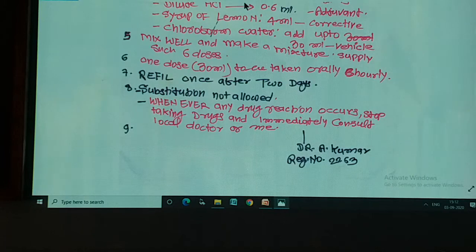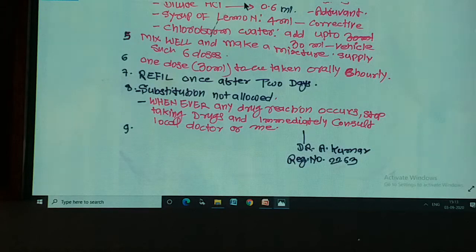Next point is signature, that is instruction to the patient, attending staff, as well as to the pharmacist regarding dosing of the drug being taken by the patient. One dose, that is 30 ml, to be taken orally every 8 hours. Then next point is refill. Once after 2 days.